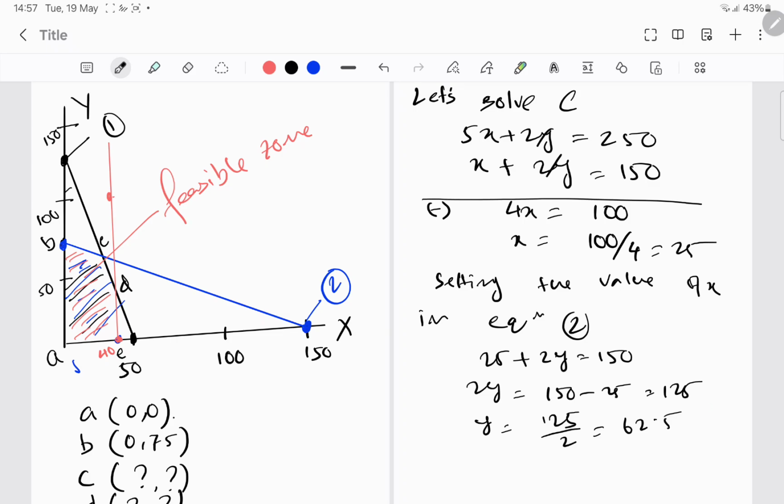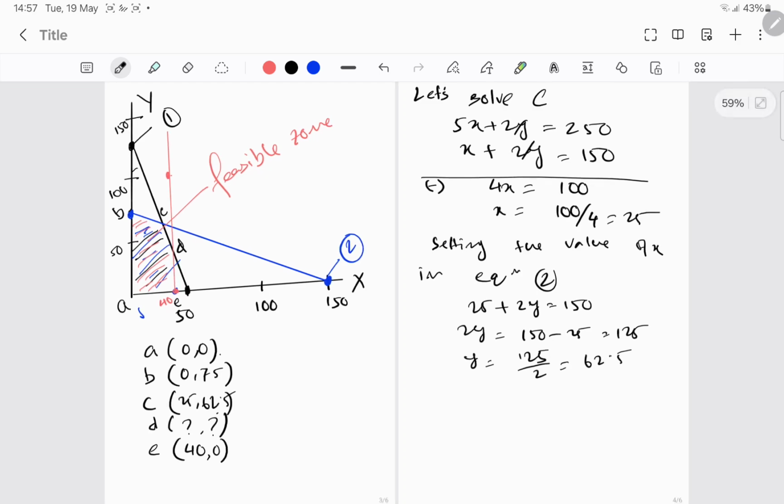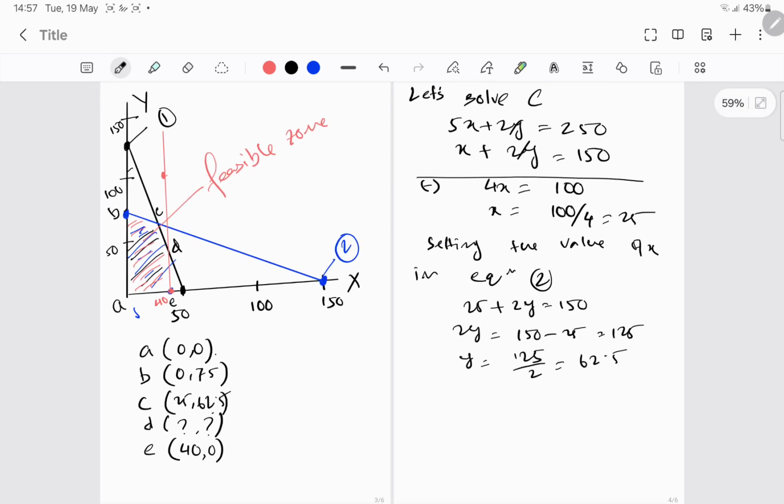So we got our C. What is our C? The C is 25 and 62.5.